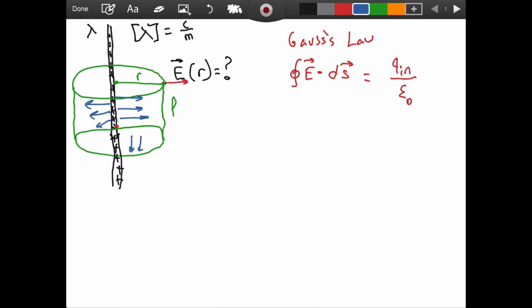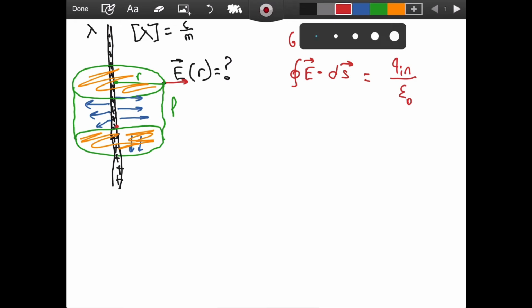So since we are taking a dot product, these upper surfaces won't have anything to do with our calculation, because since we draw their dS vectors like this, the electric field and their surface vectors will always be perpendicular to each other, and if we multiply perpendicular vectors using the dot product, then we get 0 because cosine of 90 degrees is 0. So the only contribution will be made by the side surface of our cylinder.